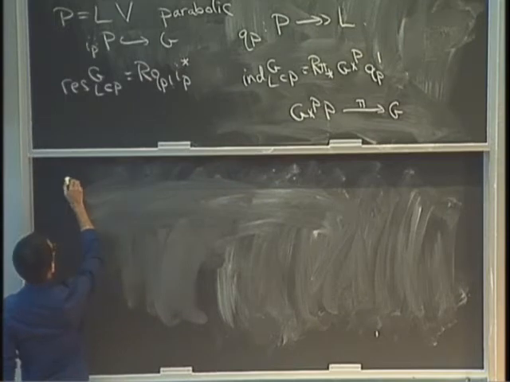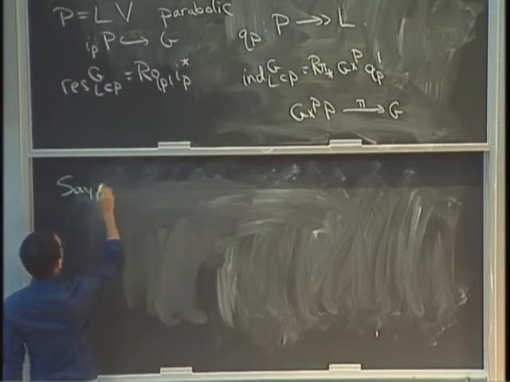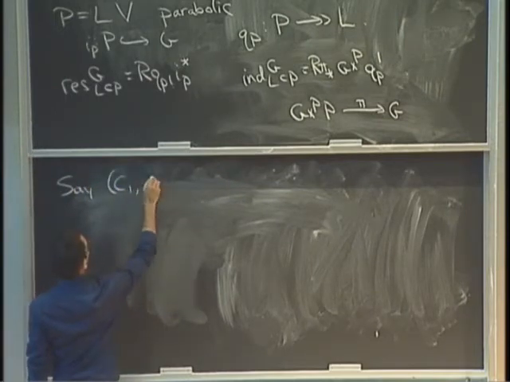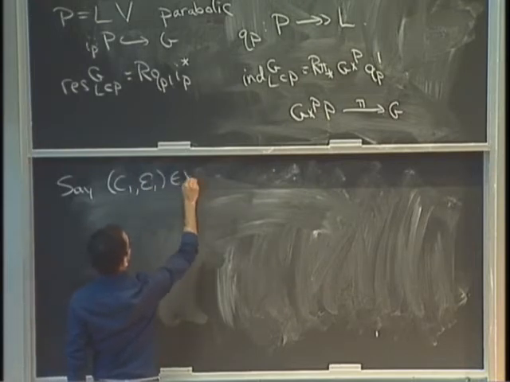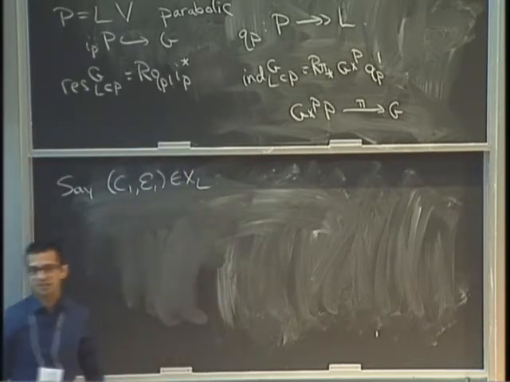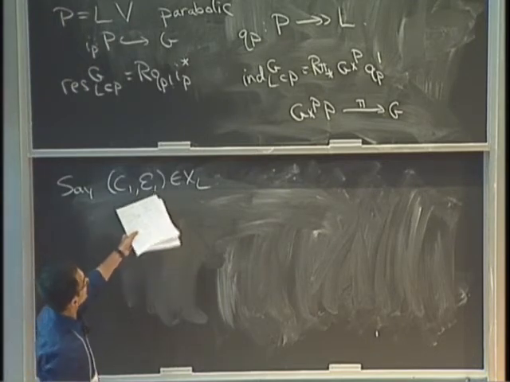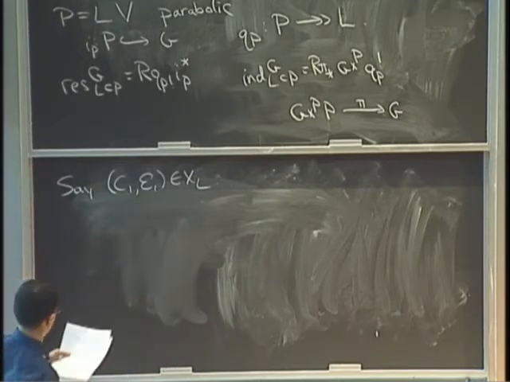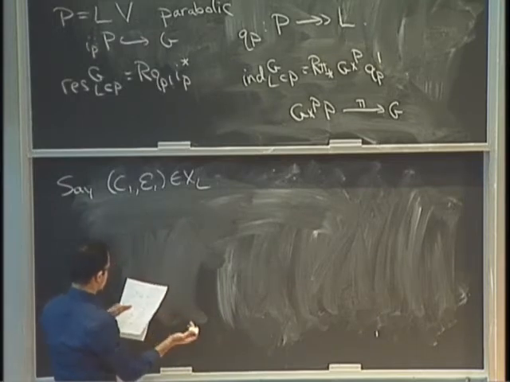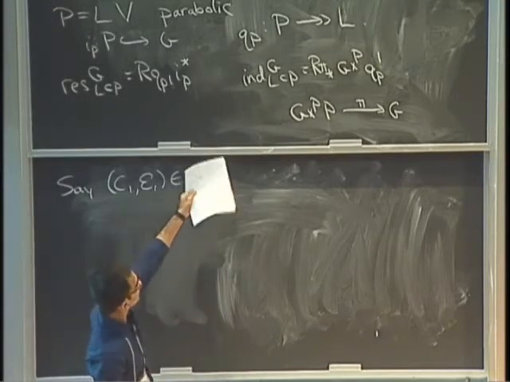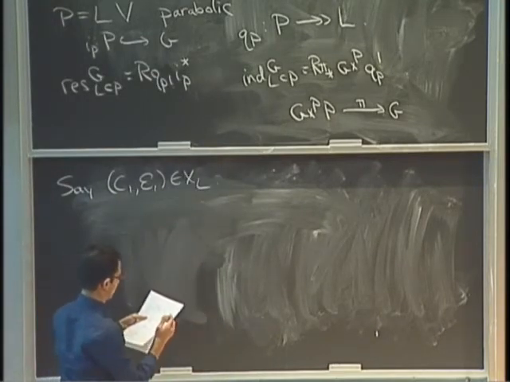So let's say you take a pair (C_1, E_1) in X_L. So that means on the unipotent variety for the Levi, I'm taking a unipotent class and an irreducible local system on that. And so I just want to draw a picture of what comes up when you compute this induction thing.